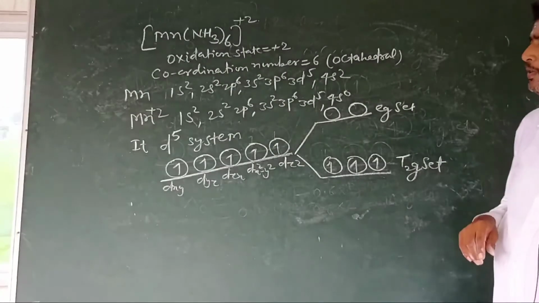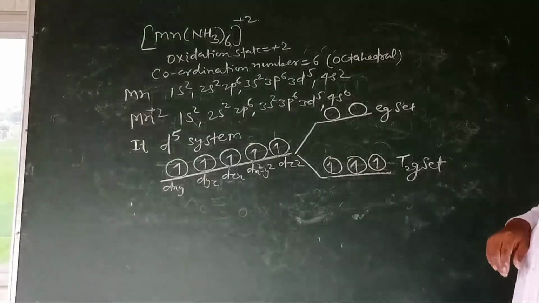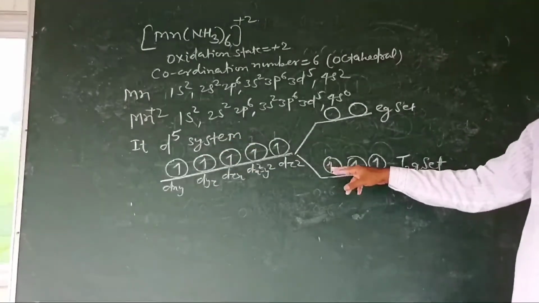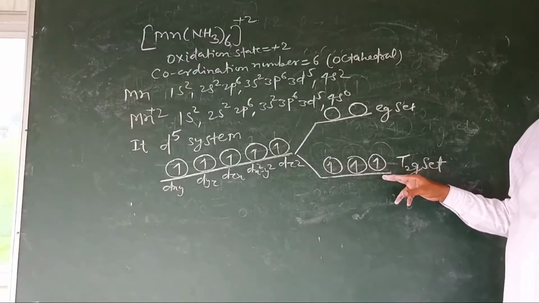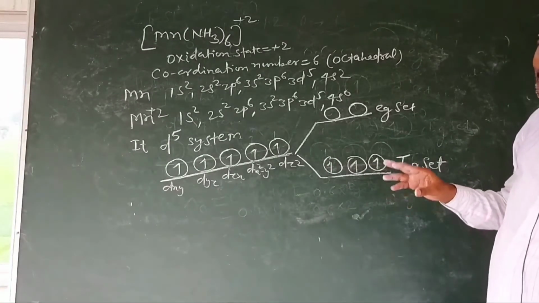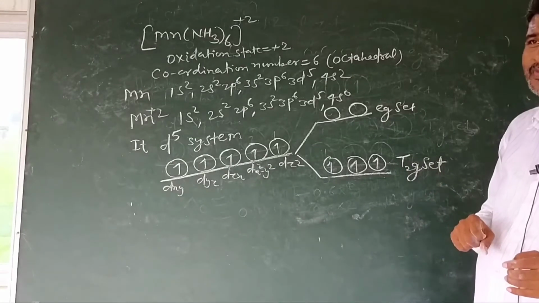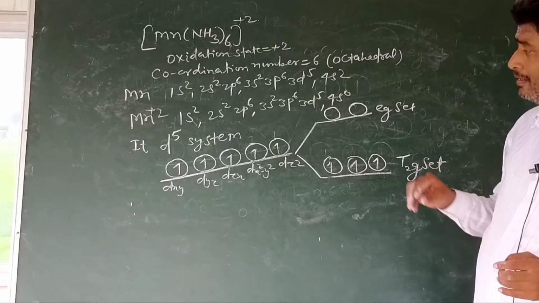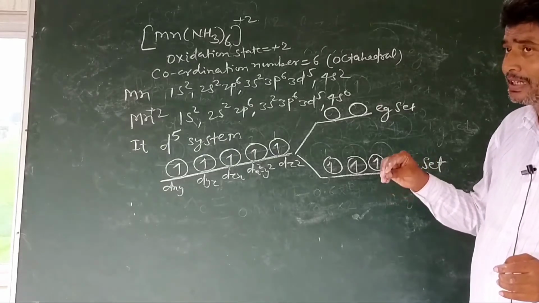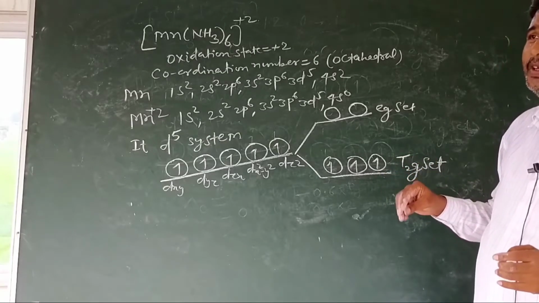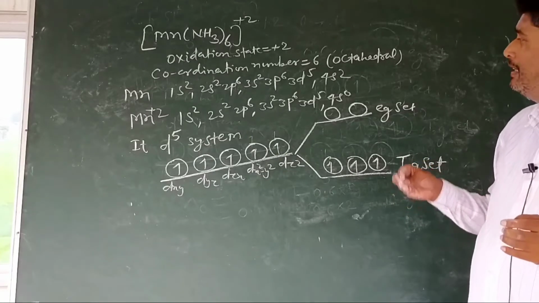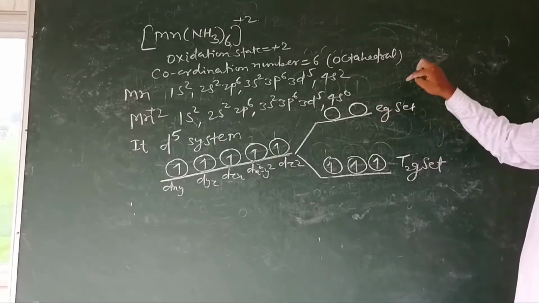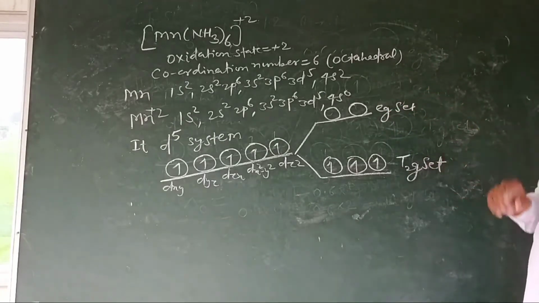Now we have the remaining 2 electrons. Out of 5 electrons, 3 have been distributed, so we have only 2 electrons now. The question arises: in which set will the remaining 2 electrons enter, EG or T2G?